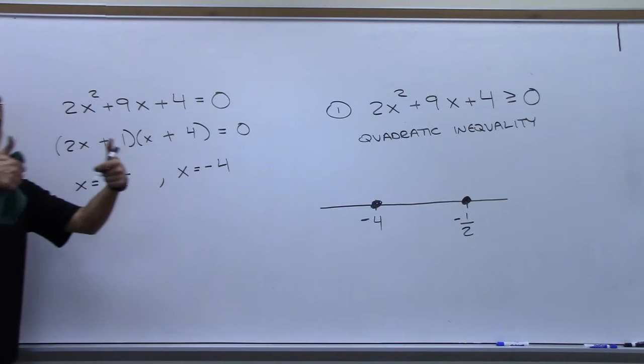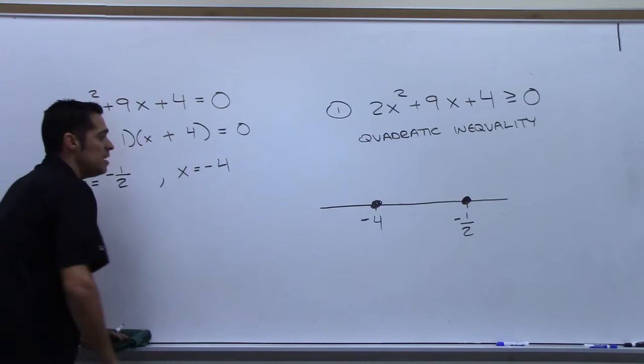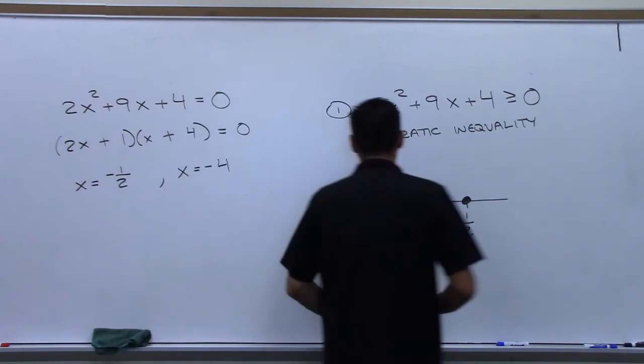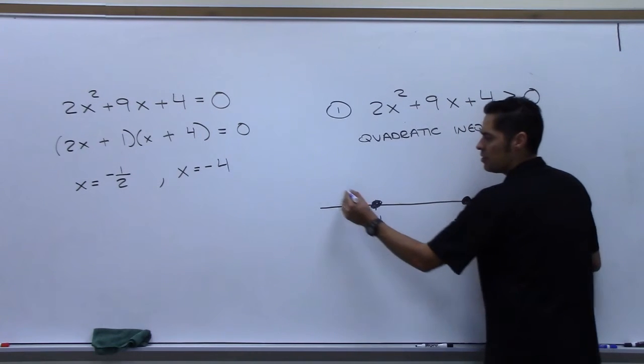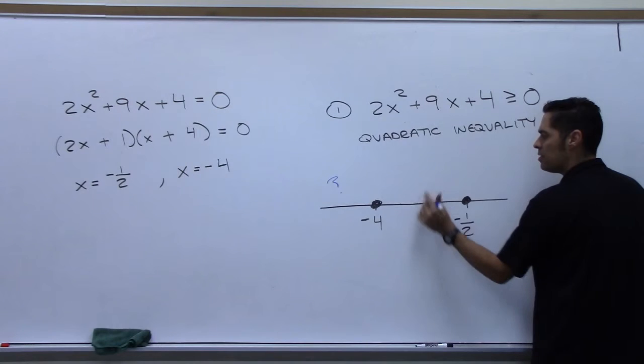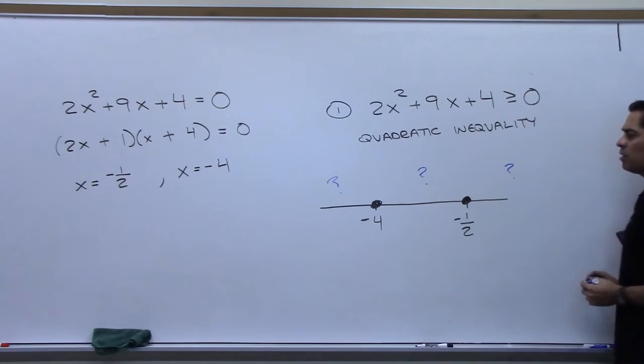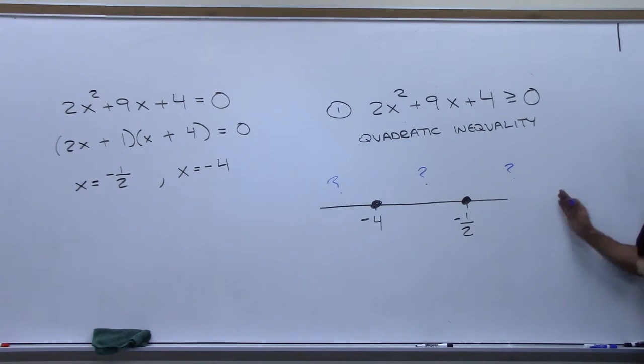Those two numbers are good to go; they're part of my answer. What remains to be seen is whether I'm going to include stuff to the left of negative 4, stuff between negative 4 and negative 1/2, or stuff over here. We don't know.